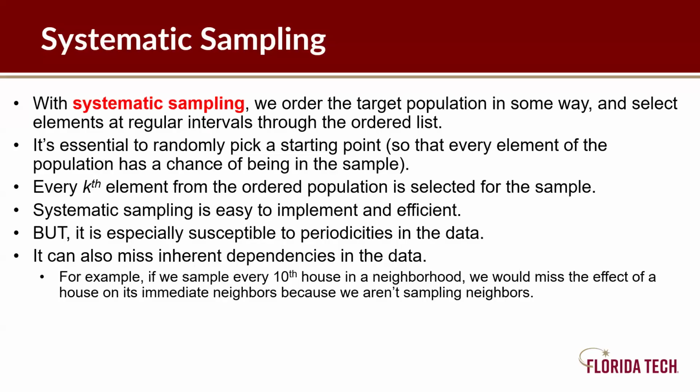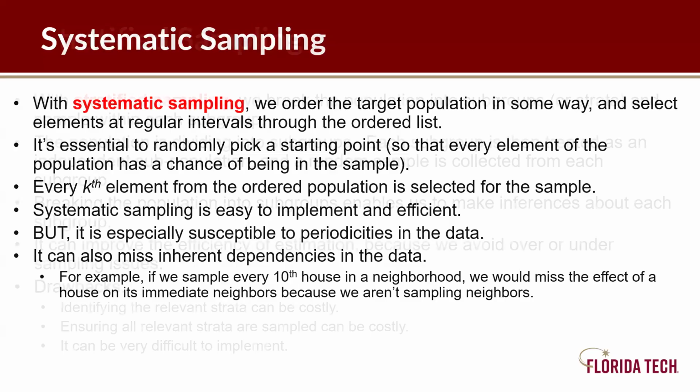It can also miss inherent dependencies in the data. So, for example, if we sample every 10th house in a neighborhood, we miss the effect of a house on its immediate neighbors because we're not sampling. Okay, so that's systematic sampling.